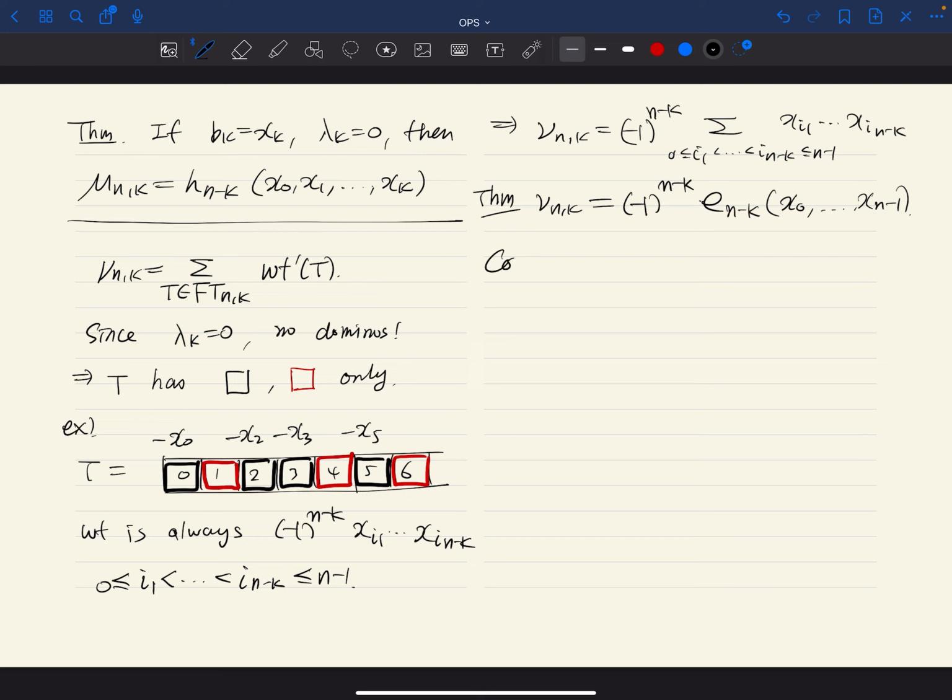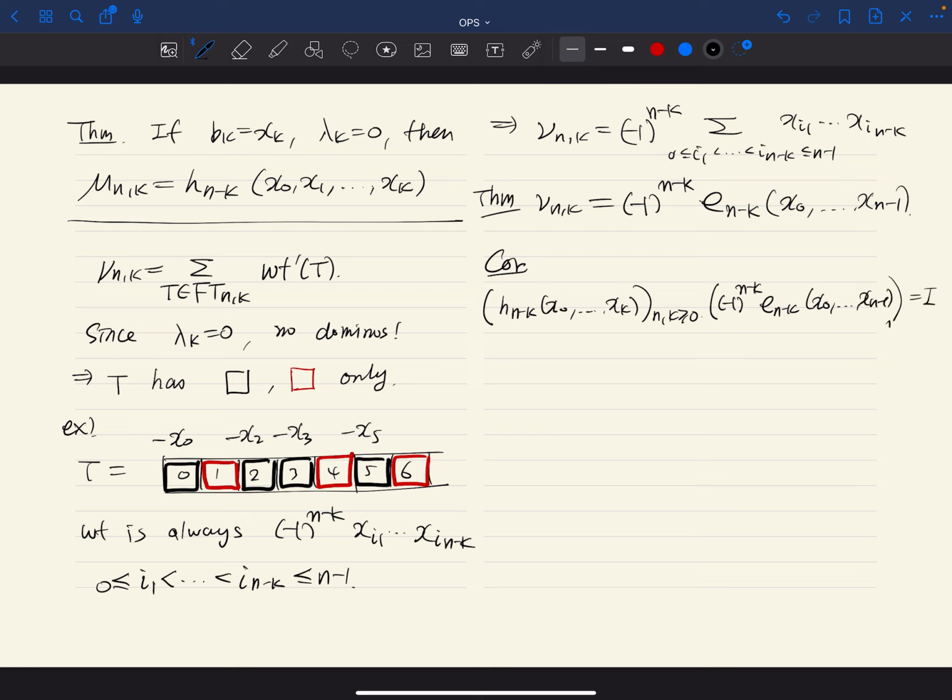And the corollary is, we know there is a duality between this and this, so we can just apply that duality here. That gives us the following. We have this matrix, nk greater than or equal to 0, and here we put this matrix times minus 1 to the n minus k e sub n minus k of x0, ..., x_{n-1}, which is the identity.